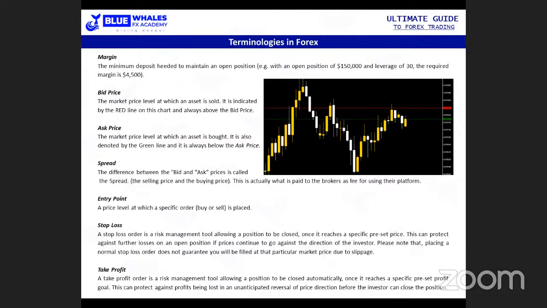That's right. So we have bid price and ask price. I know you would have heard of these words, bid price and ask price. The market price level at which an asset is sold, right? It's indicated by the red line on the chart, and always above the bid price.